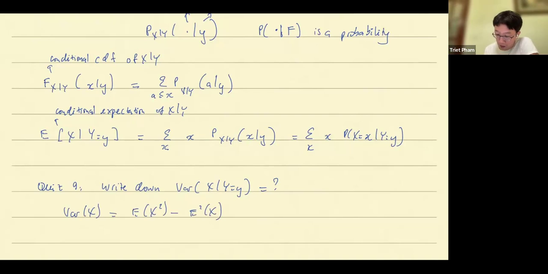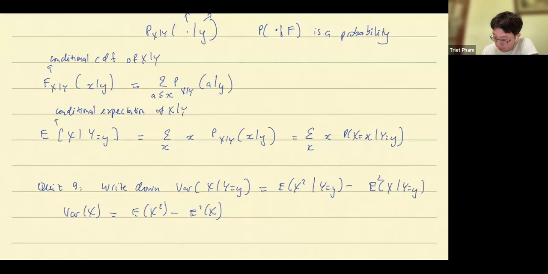Conditional variance works in the same way. Conditional variance is the expectation of x squared given y minus the expectation of x given y, squared.